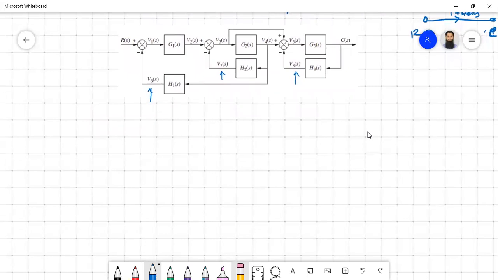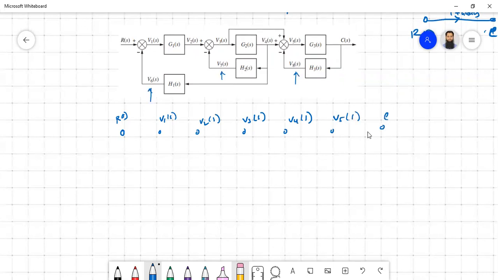So basically R of S. This is your R of S. Then you have V1 of S, V2 of S, V3 of S, V4 of S, V5 of S, and finally you have C of S.